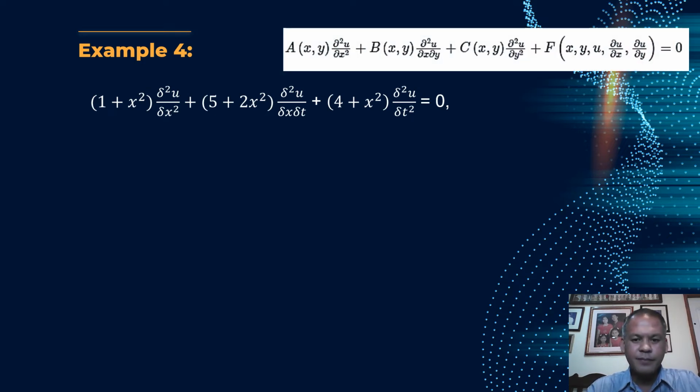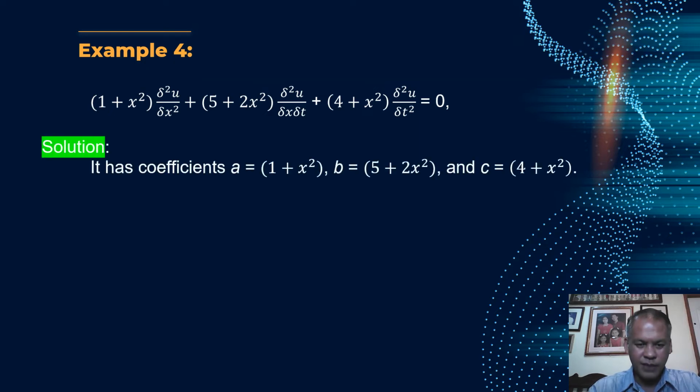So again, if we check from the general equation, a here is equal to the quantity 1 plus x squared, b is equal to the quantity 5 plus 2x squared, and c is equal to the quantity 4 plus x squared. Now for the solution, the coefficients are a equals 1 plus x squared, b equals 5 plus 2x squared, and c equals 4 plus x squared.